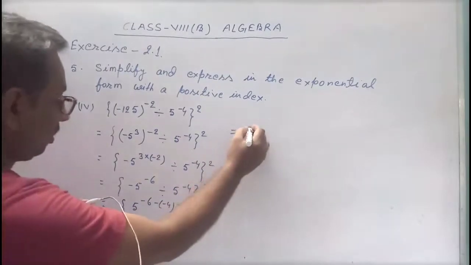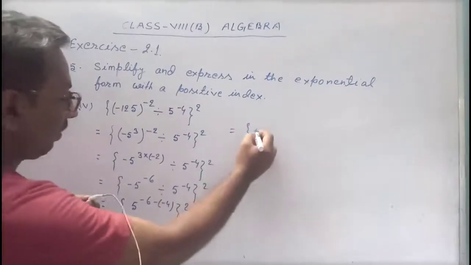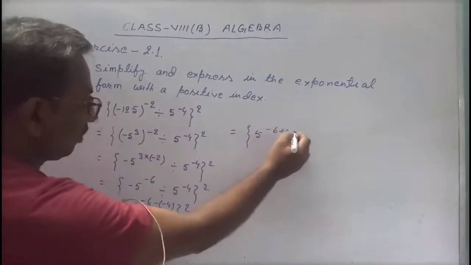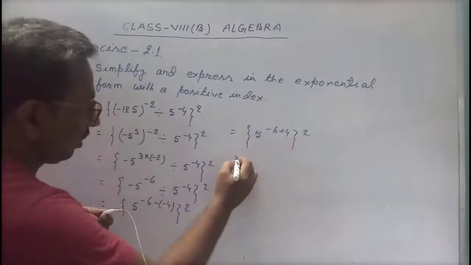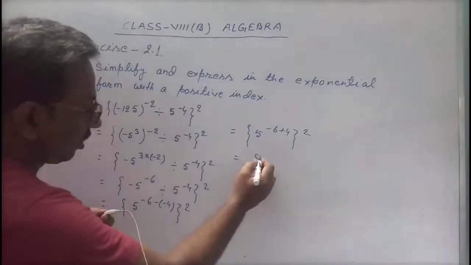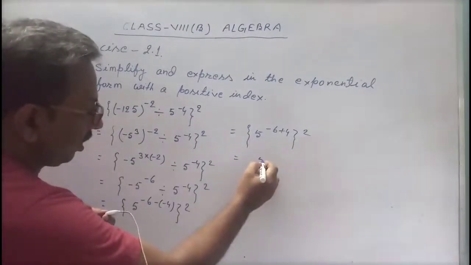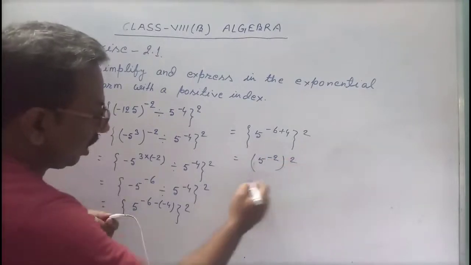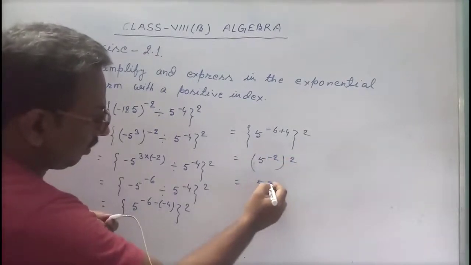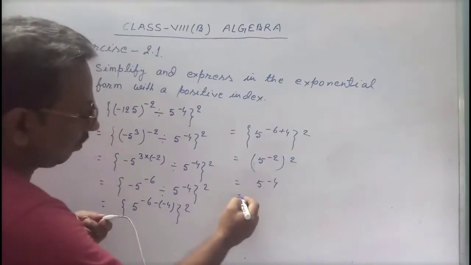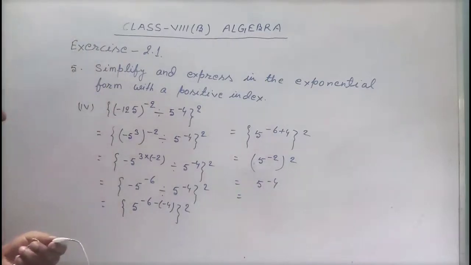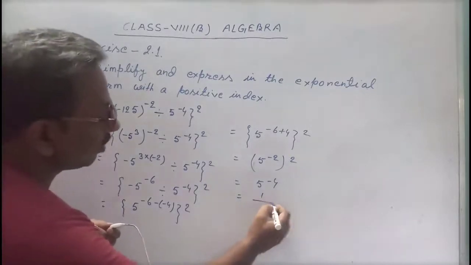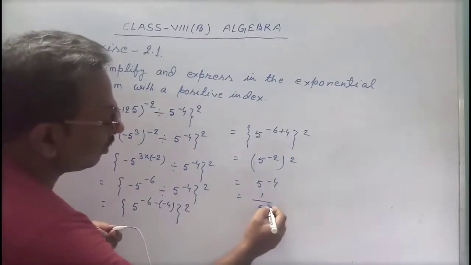Now this will be written as 5 to the power minus 6 plus 4 whole square. This is 5 to the power minus 2 whole square. This is 5 to the power minus 4. We change this in the positive index. So for that we write the reciprocal of 5, that becomes 1 by 5 to the power 4.